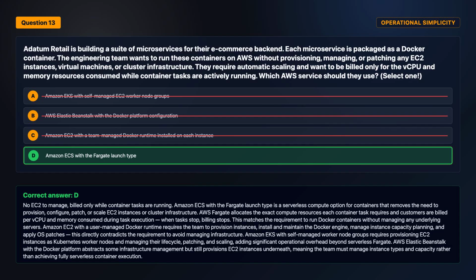Amazon EKS with self-managed worker node groups requires provisioning EC2 instances as Kubernetes worker nodes and managing their lifecycle, patching, and scaling, adding significant operational overhead beyond serverless Fargate. AWS Elastic Beanstalk with the Docker platform abstracts some infrastructure management, but still provisions EC2 instances underneath, meaning the team must manage instance types and capacity rather than achieving fully serverless container execution.